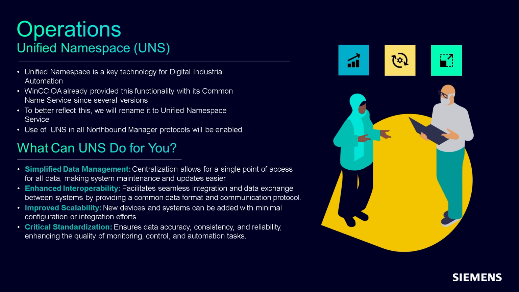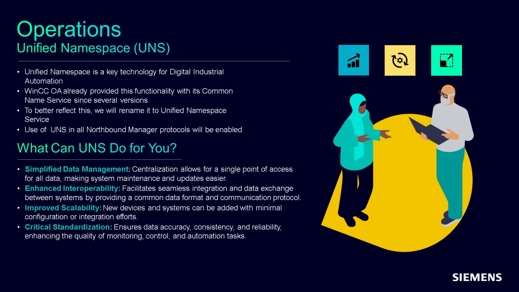The next topic, unified namespace. WinCC OA has, as many of you already know, the plant model and the data types already implemented since many years. Now, more or less, the same information is known as unified namespace. So we will modify step by step our application, wherever you find plant model, or especially plant model, we will rename it to unified namespace.